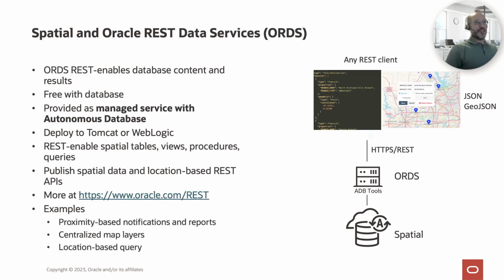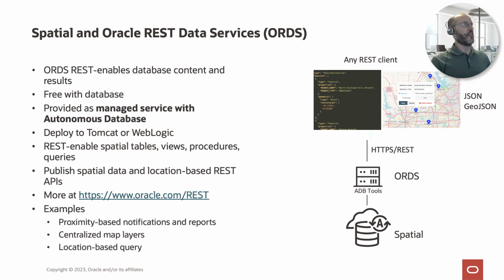A bunch of other features and capabilities of Autonomous Database have additional tremendous value for developers, and the first of those is Oracle REST Data Services. So just like Spatial Studio is no extra cost with the database, same thing for Oracle REST Data Services.